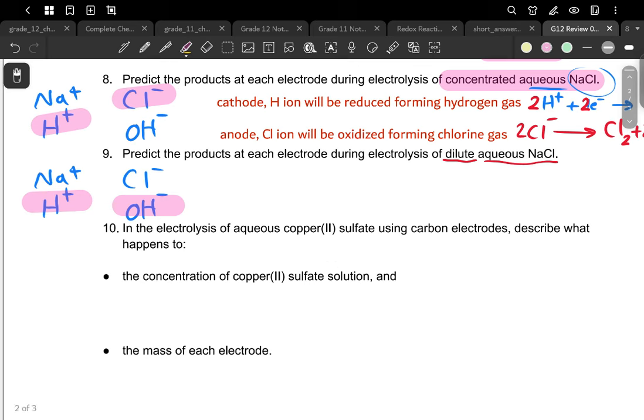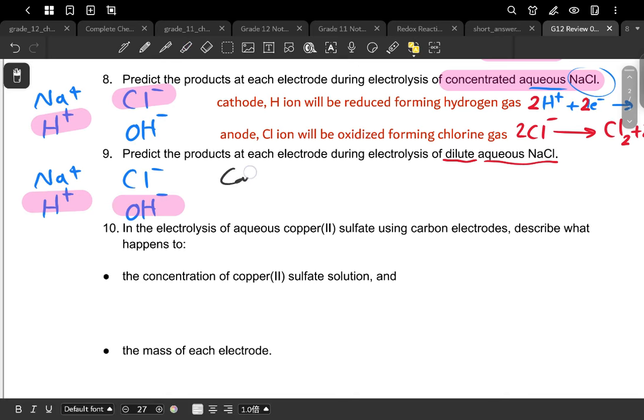So at the cathode, again, the hydrogen ion will be reduced, producing hydrogen gas.